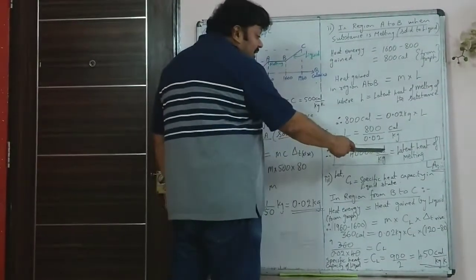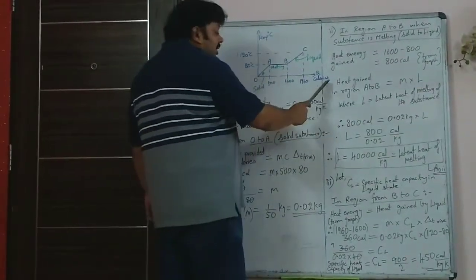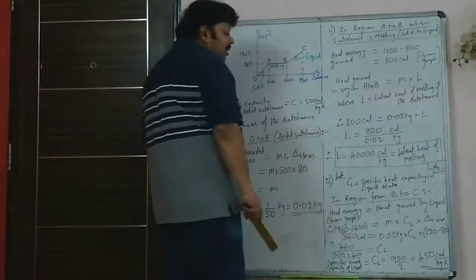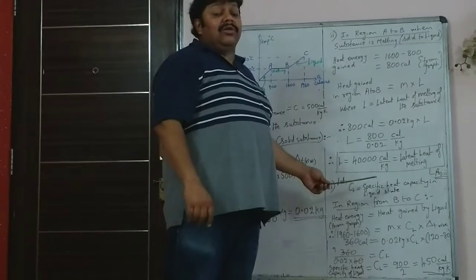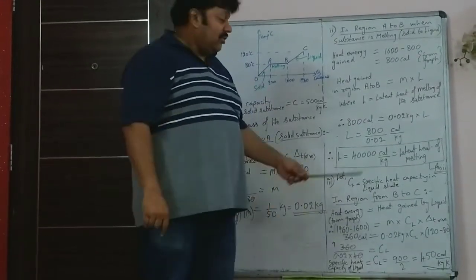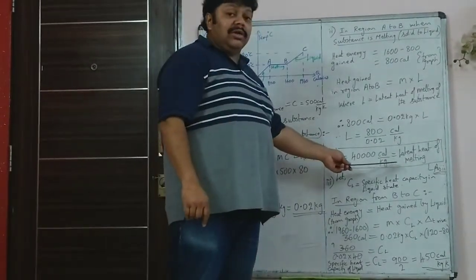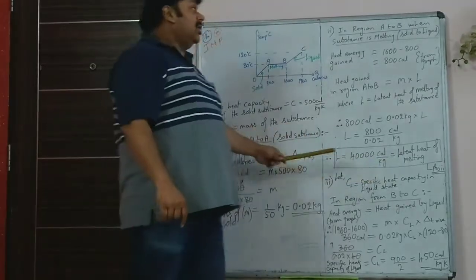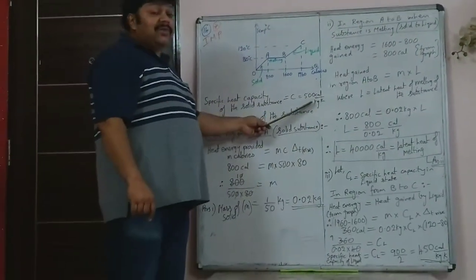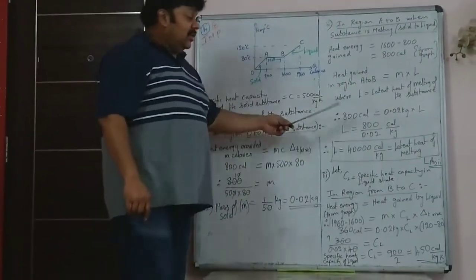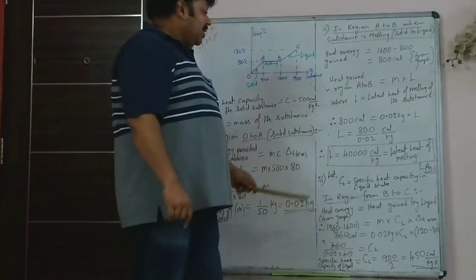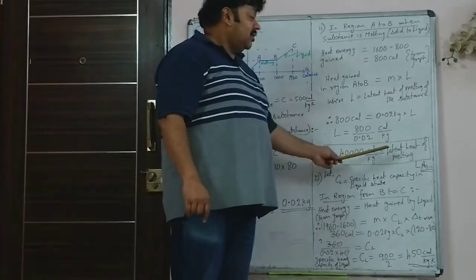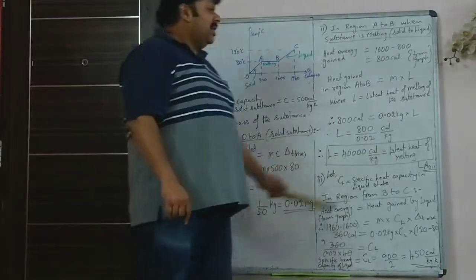So it is 40,000 SI, so calorie upon kg. So it's 40,000 calorie upon kg. Remember, there is no rise in temperature, so there is no Kelvin or degree Celsius. The Kelvin and degree Celsius comes in the unit of specific heat capacity. Here it is only calorie per kg. Now the last part, this is the second answer that was asked, latent heat of melting.